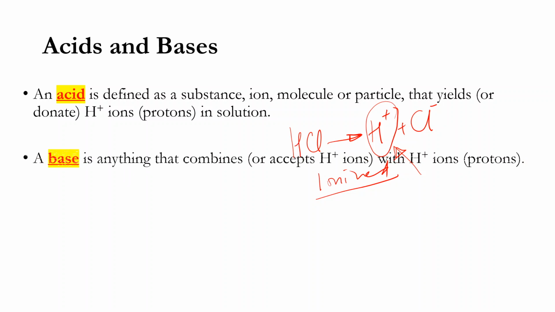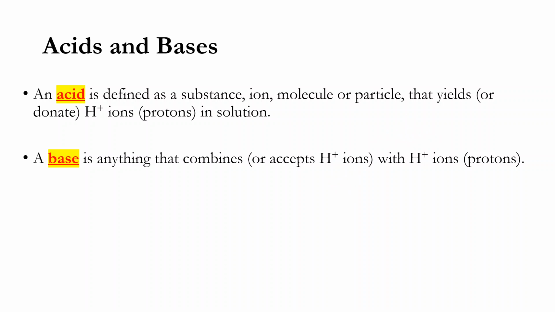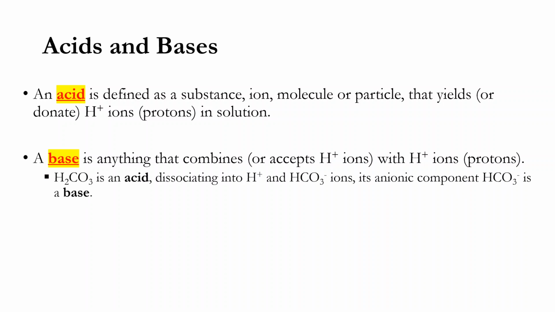However, a base is anything that combines with hydrogen ions or a proton, so it is exactly the opposite of an acid. For example, carbonic acid, H2CO3, on dissociation will yield a hydrogen ion and a bicarbonate ion. The anionic part, the bicarbonate ion, is a base because it will accept the hydrogen ion, and carbonic acid is an acid because it will donate the hydrogen ion.